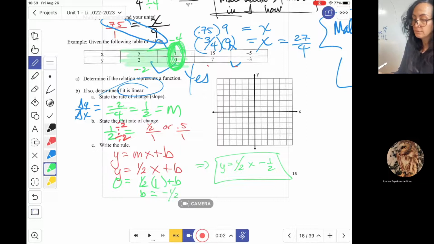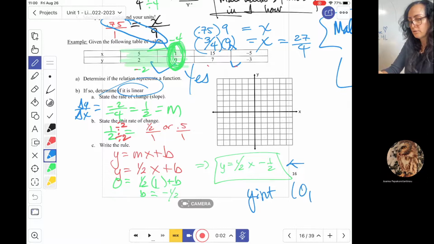Now to plot it, how would you start? Well, you could plot all those points and get the line, but let's make sure that we know how to graph given an equation. So what is the y-intercept? It is the point (0, negative 1/2). You'll notice on the quiz, if you didn't write your intercepts as points, you lost points.